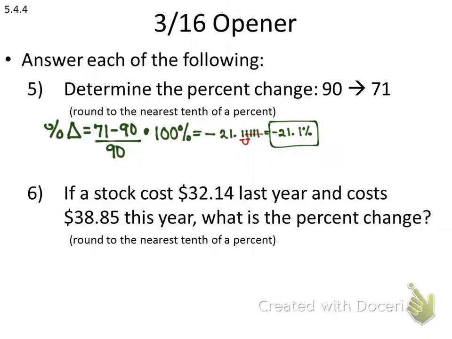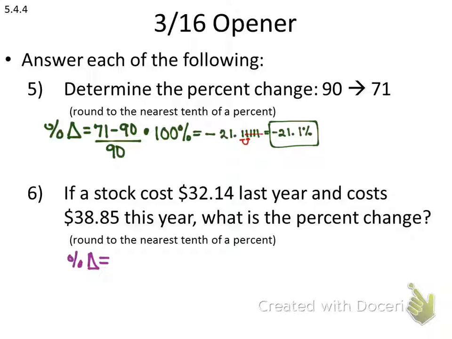If a stock cost $32.14 last year and cost $38.85 this year, what is the percent change? So am I going to use the notes that start at 100%, then add or subtract my percent increase or decrease, or am I going to use my percent change formula? Percent change formula. So I'm going to put percent change equals.